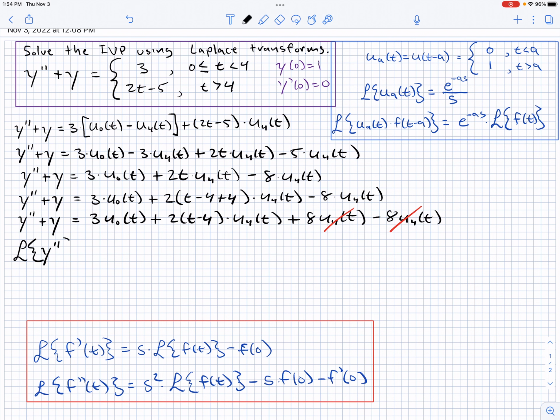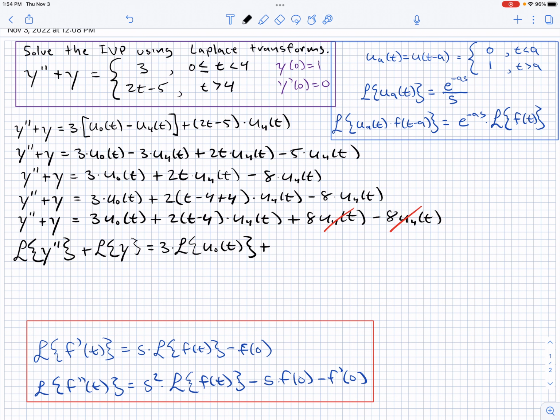So the Laplace of y double prime plus the Laplace of y being equal to 3 times the Laplace of u sub 0 t, which, by the way, again, u sub 0 t is just 1. I just like to write it because it reiterates it for me.